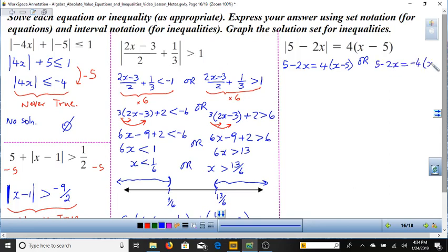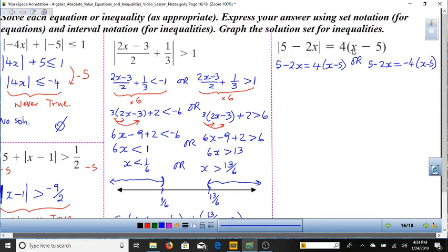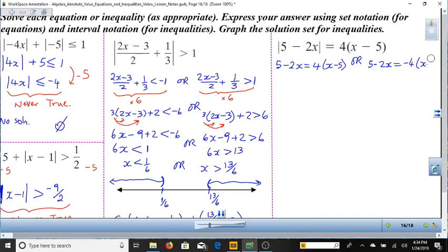Just as we did with the other numbers, you just have to take it a step at a time. So either the inside of the absolute value is equal to outside, or it's equal to the negative of outside, because a number and its negative both have the same absolute value. So then we solve. We're going to distribute the 4, because we're going to have to get the x's together, and then over here we'll distribute the -4.